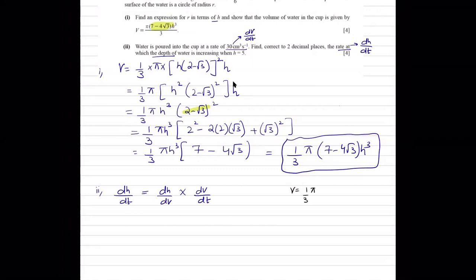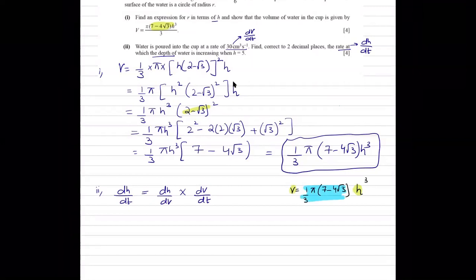Please understand that 1 upon 3 pi times 7 minus 4 root 3 is just a constant number, representing the coefficient of h cube. I will have to differentiate V with respect to h first. Consider this entire number as just a constant, a coefficient over here.